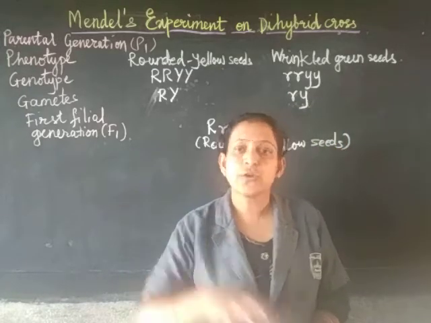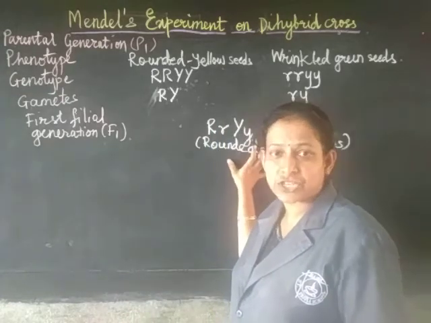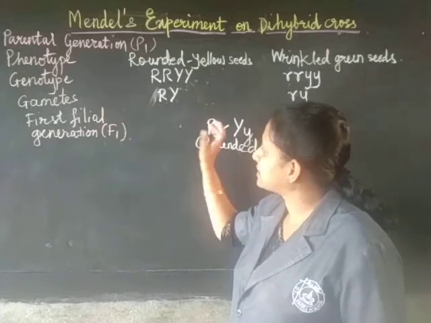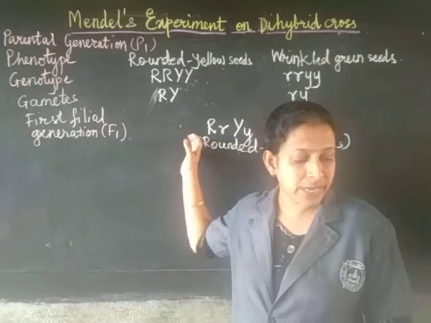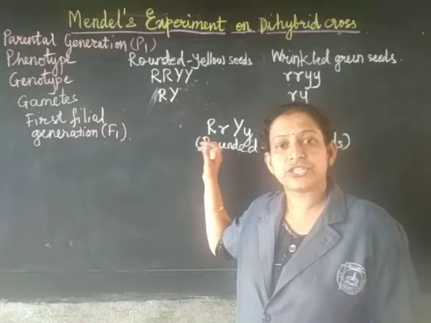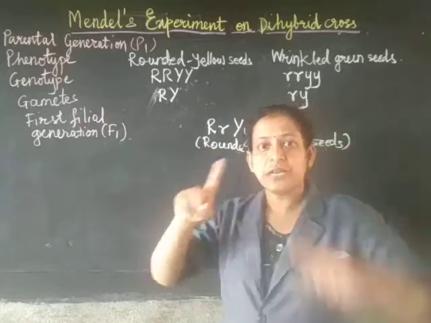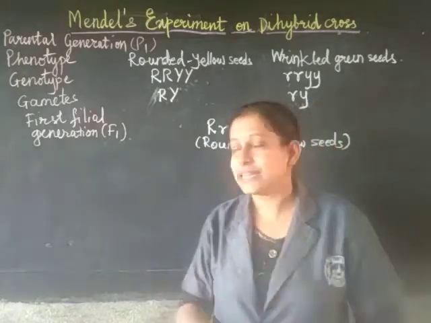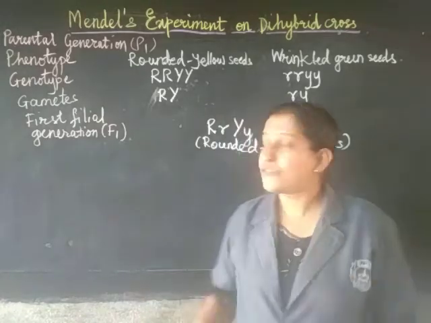Fine. So now this is considered the parental generation. Though it is the first generation, now it will be called parental generation P2. In this, what is done to get the second generation? Selfing is done. That means all rounded and yellow seeds are taken.